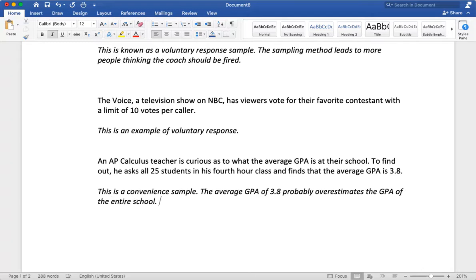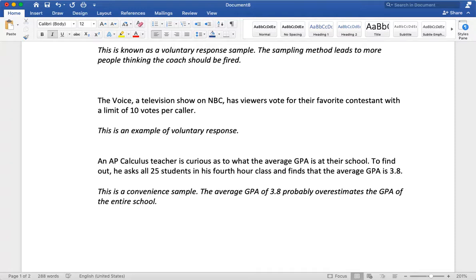I'm thinking if a student is in an AP Calculus class, they're probably pretty motivated in school in general. So the kids that are taking this class generally get good grades, whereas a student in just a regular Algebra 2 class that's a senior is probably not going to have a 3.8 GPA. And that's just really it.